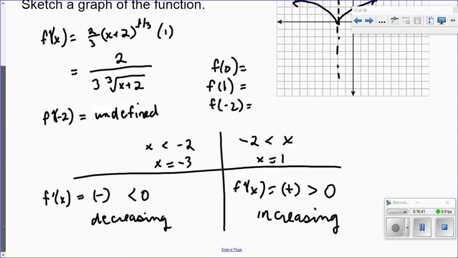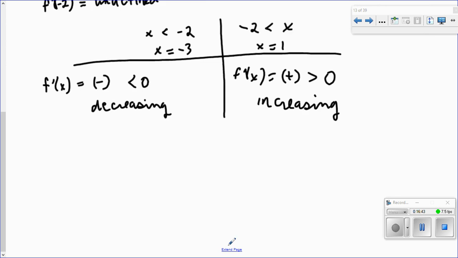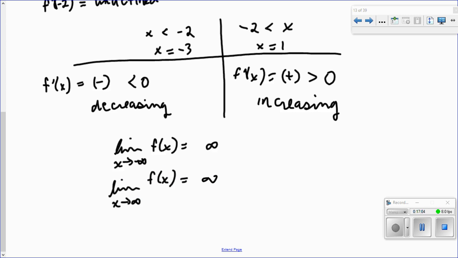While I'm here though, it should be wise to talk about some endpoints here. So we've got the limit as x approaches -infinity of my function goes to positive infinity. The limit as x approaches infinity also goes to infinity.